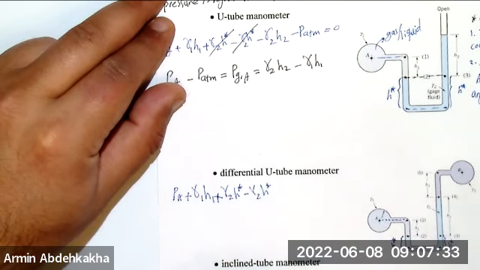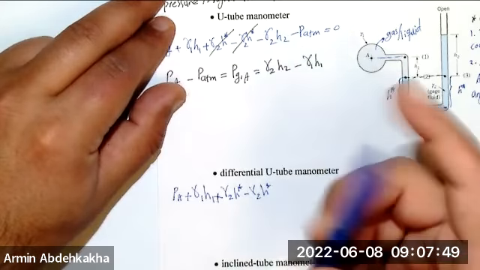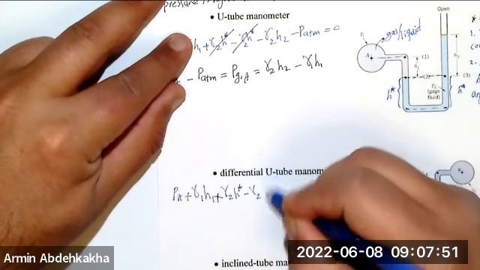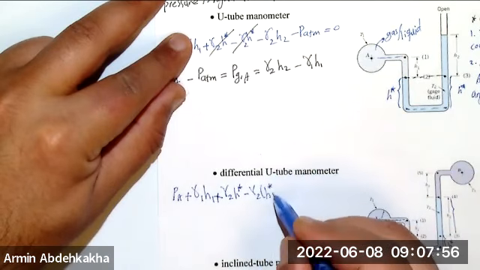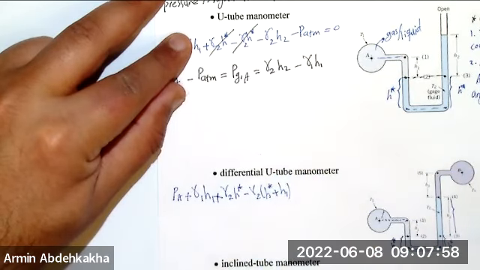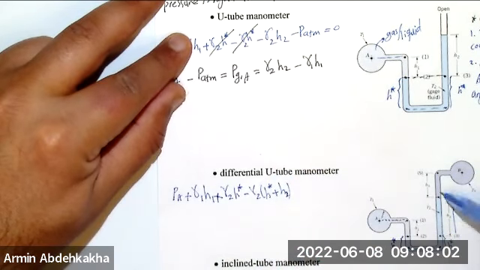Going up, the same H star, but negative sign. All right. Then moving more, again, this line, which is H2, or you can move from here to here and write minus gamma H star plus H2.